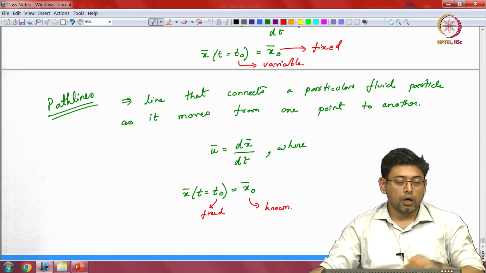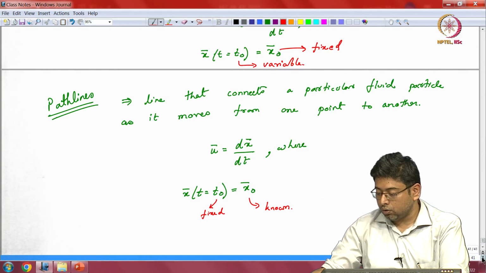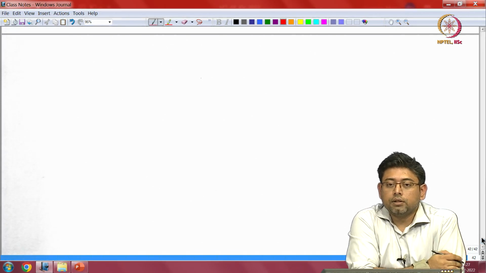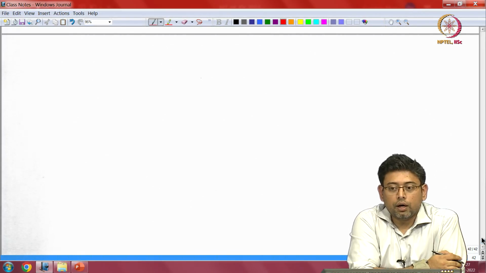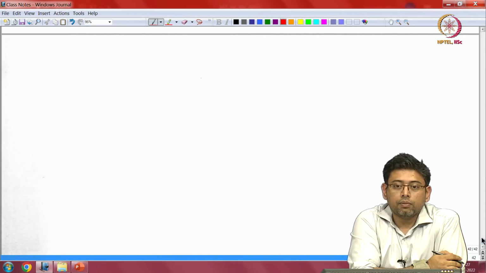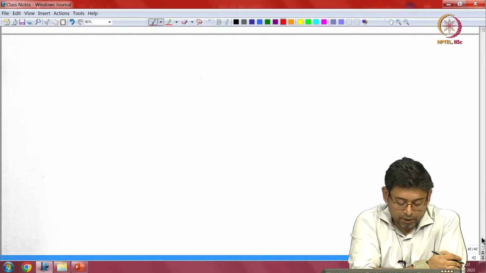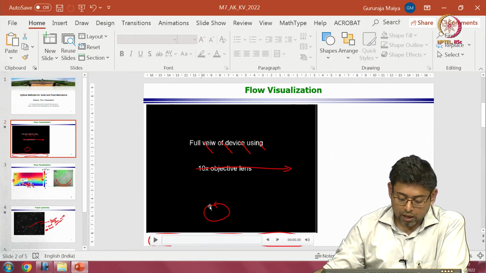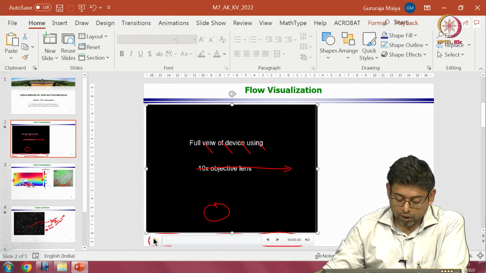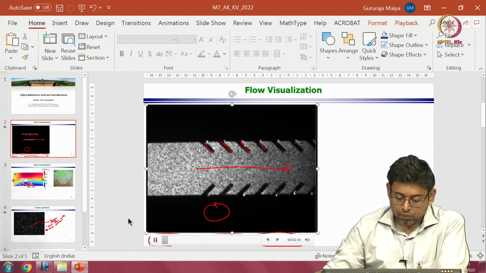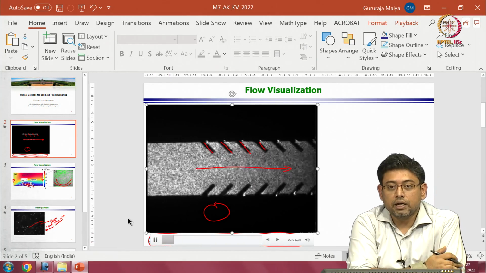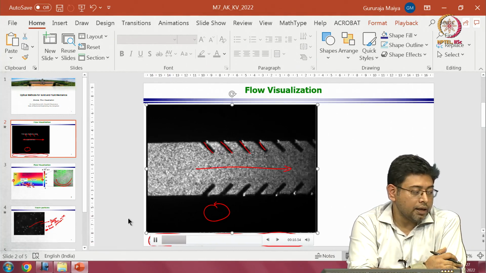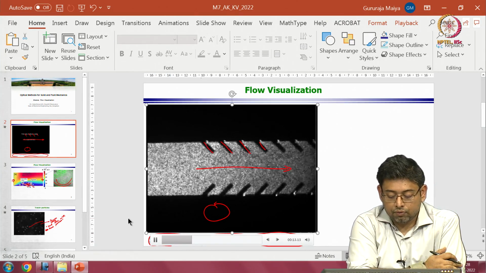So what we want to do now is use tracer particles to understand flow in a given fluid, and we are going to look at how we can analyze some of the images of the type that I have shown you here. There are tracer particles that have been seeded in the flow, and by analyzing the tracers, I want to understand the fluid flow behavior.